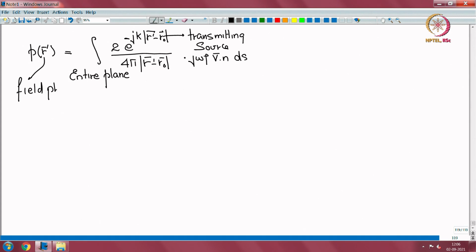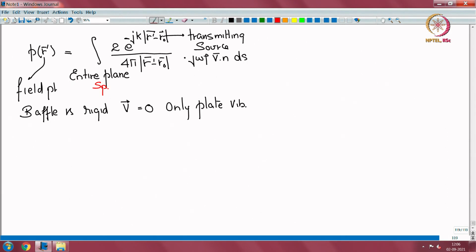Next, of course, I will say that the baffle is rigid. That means the V there is 0. Only the plate vibrates. And therefore, this integral happens over the surface of the plate.